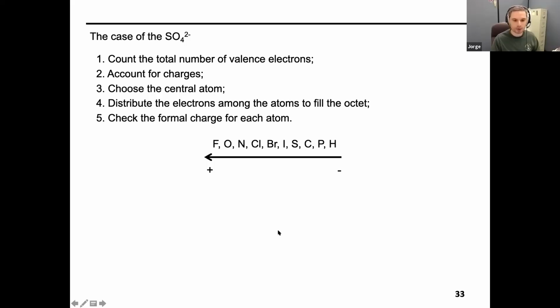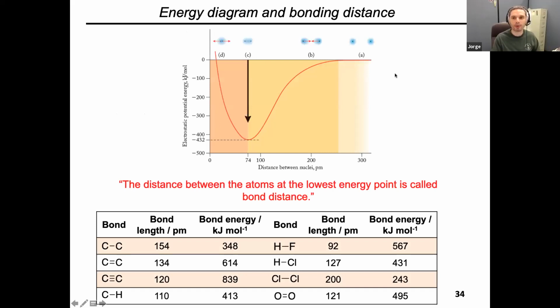Okay, to finish up here, let's talk about chemical bonds, bond distance, and bond strength. So we have here an energy diagram as a function of the distance between two atoms. At the beginning, the two atoms are far apart, so we may consider them isolated.